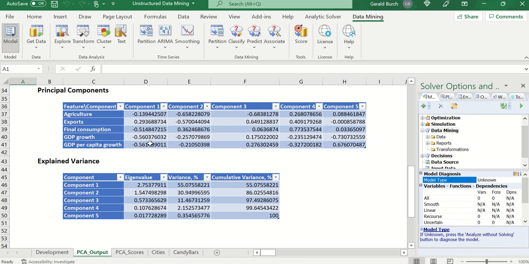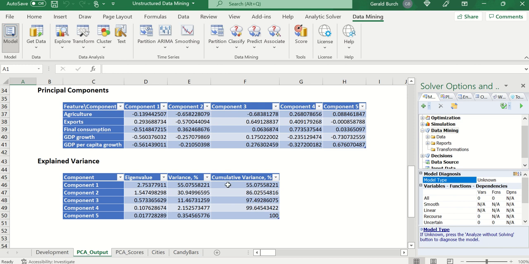Something's associated with these 3 variables, and it really does matter in being able to explain 55% of the variance in this data set. And if I add another component, that other component has something more to do with agriculture, exports, and final consumption. It adds another 31% to the variance.